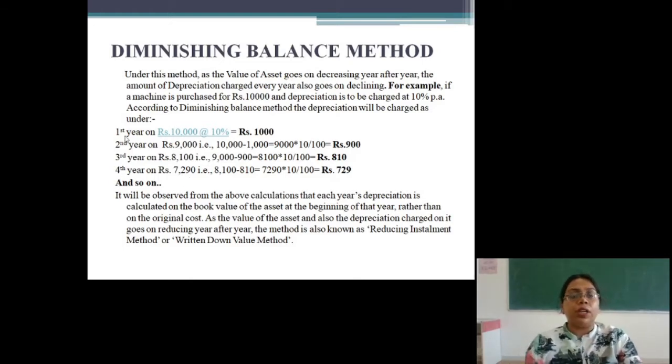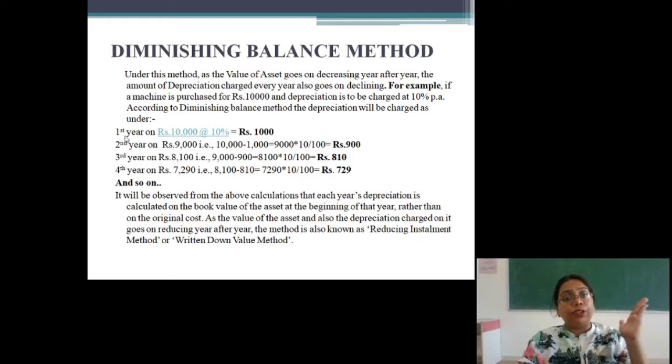So in this method we will charge the amount of depreciation on the cost of the asset that it holds for that particular year, not like the straight line method.